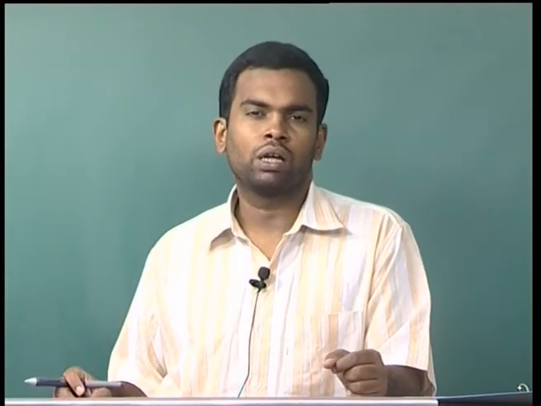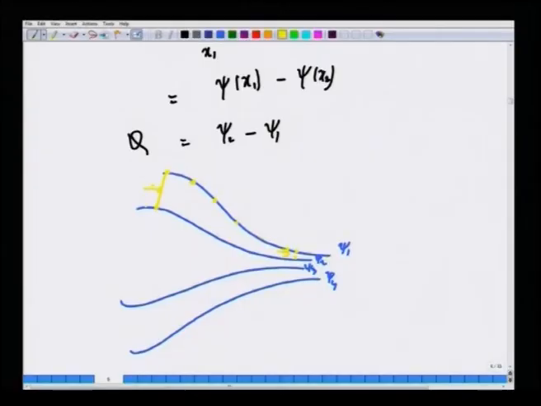Since psi 2 minus psi 1 is constant along any 2 points along the streamline, whenever the two streamlines converge, we can immediately conclude that at the point of convergence, the velocity vectors will be much greater compared to the points where the streamlines are diverging.